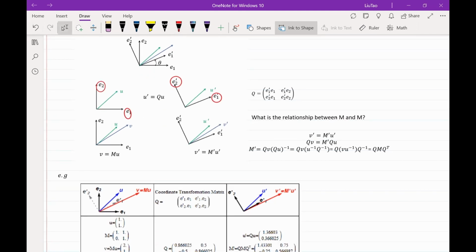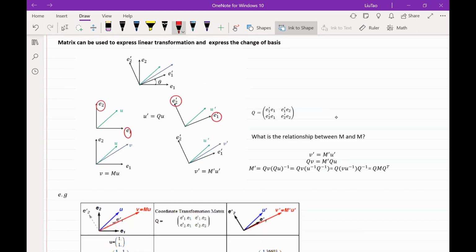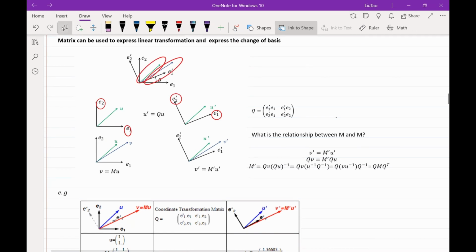If we have two vectors here, the green one and the blue one, and we express the green one under the first basis set, we denote it as U. And we denote the green vector as U prime in the second basis set. Then U prime is equal to QU, and Q is the transformation matrix.